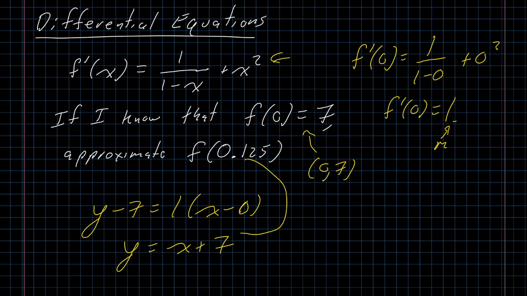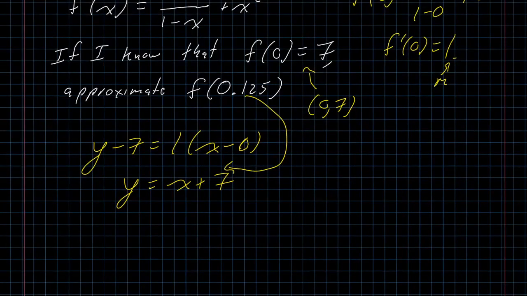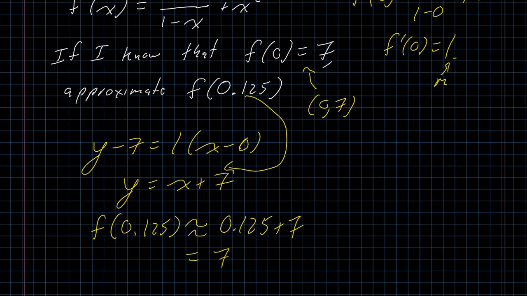I can take that, I can evaluate my function. F of 0.125 is approximately equal to 0.125 plus 7, or 7.125.